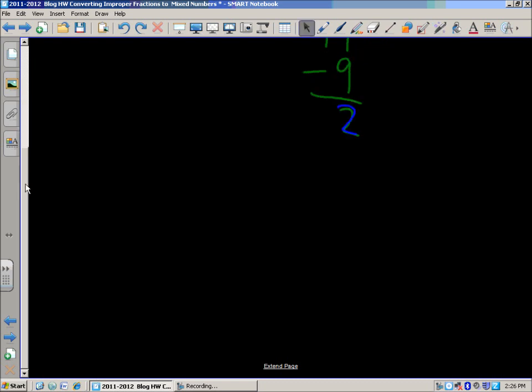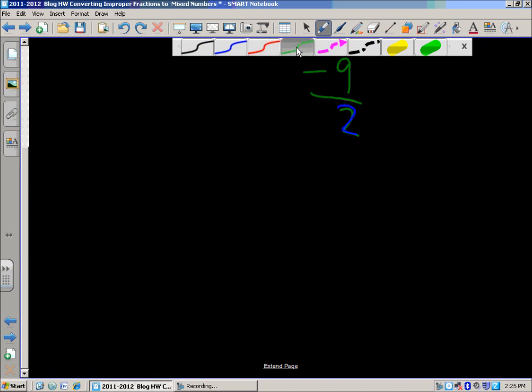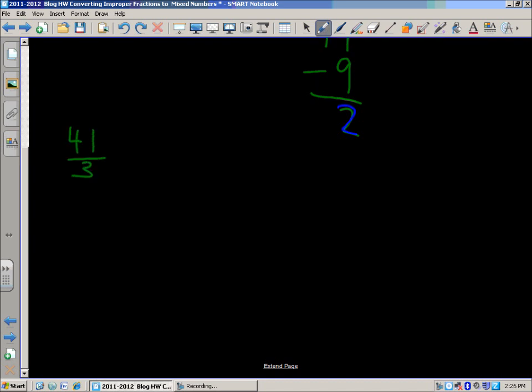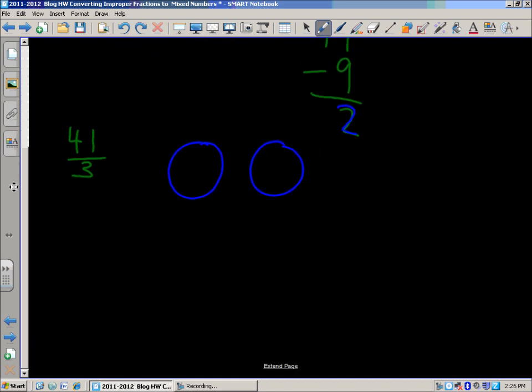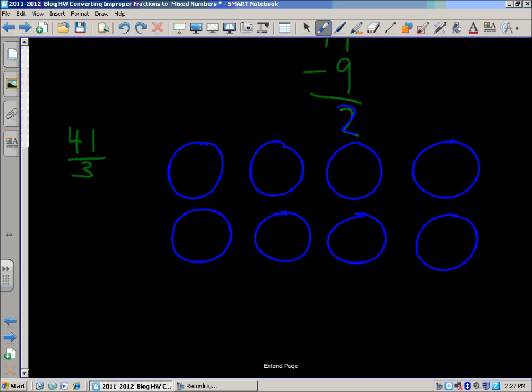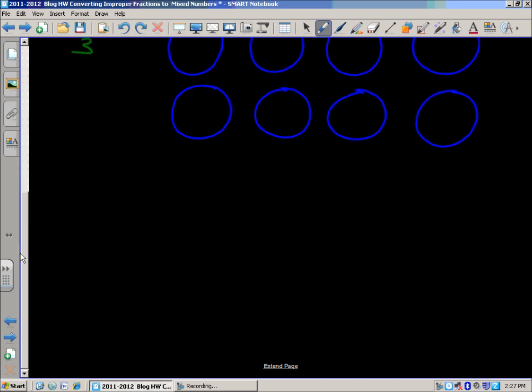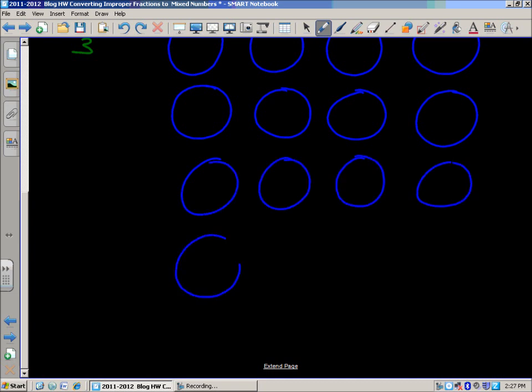Might take us a while to draw this picture, so let's go back to our pies. 41/3. We have to represent that with pictures. Make blueberry pies this time. We can expect to draw 13 whole pies and 2/3 of another. So here we go. All right, we've got 8, 12 pies, 13, and then an extra one to show that fractional part.